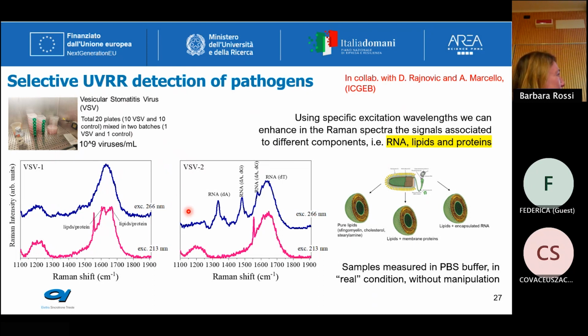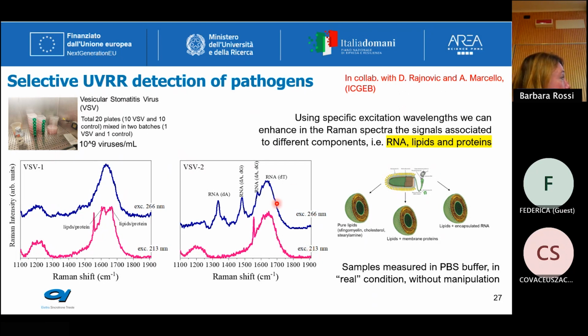For the preparation protocol, it's better if you ask Denis, who is not here today. But the important thing from my side, from the spectroscopic point of view, is that if you change the excitation wavelength, we can see that in the spectra of the pathogen, of the virus, we can identify different biological markers related to the different parts that compose the virus, in particular RNA, lipids, and protein.